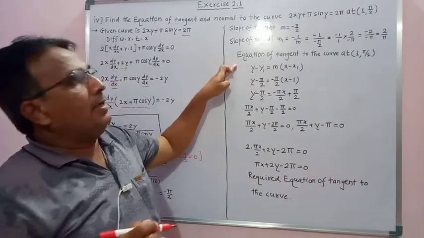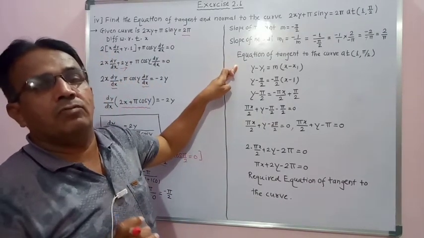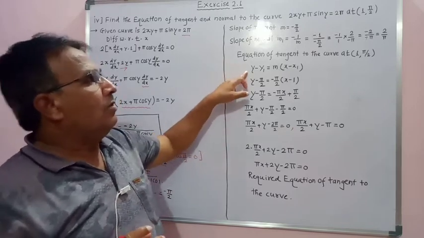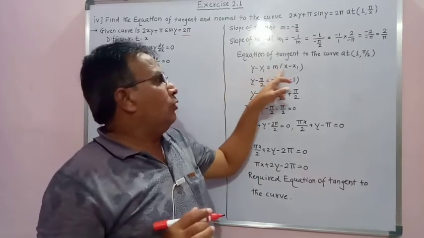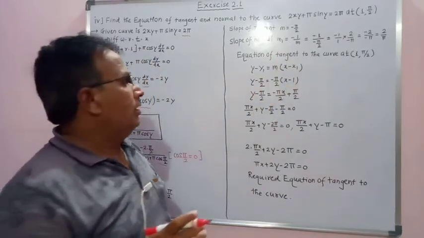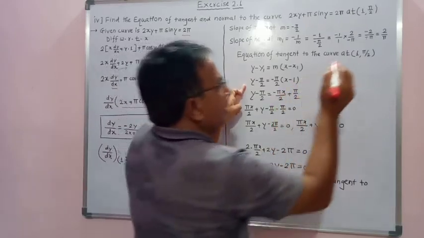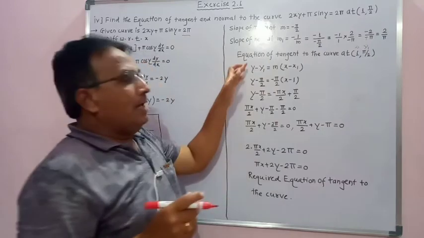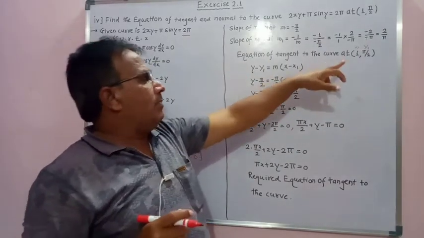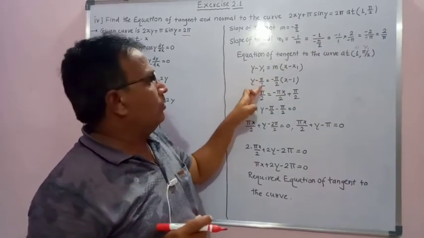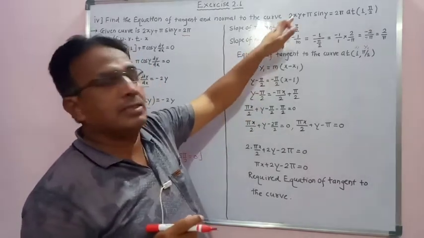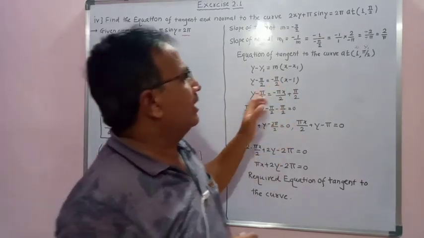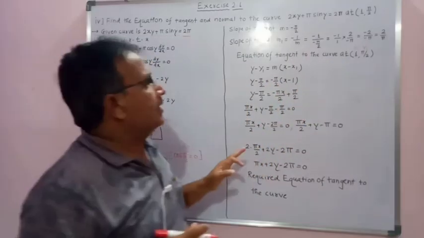Therefore, the equation of tangent to the curve at the point (1, pi by 2) is given by y minus y1 equal to m into x minus x1. Here y1 is pi by 2 and x1 is 1. So y minus pi by 2 equal to the value of m, the slope of tangent, minus pi by 2, into x minus 1.